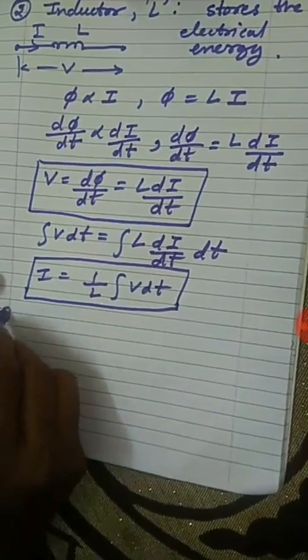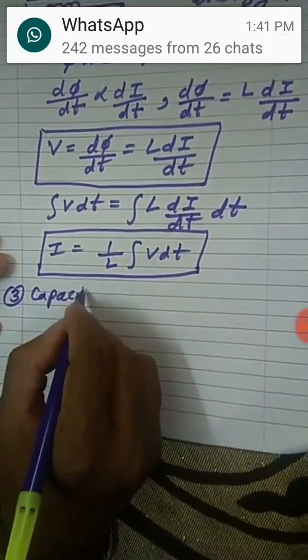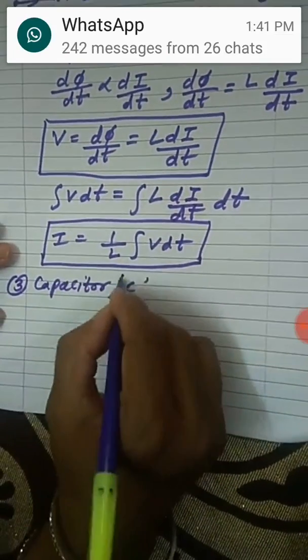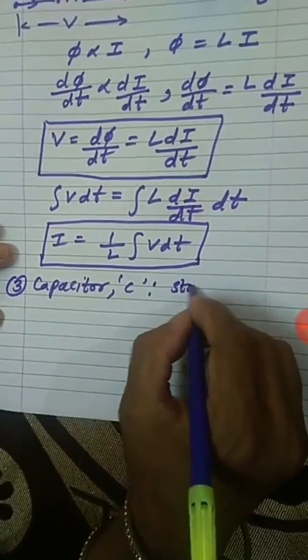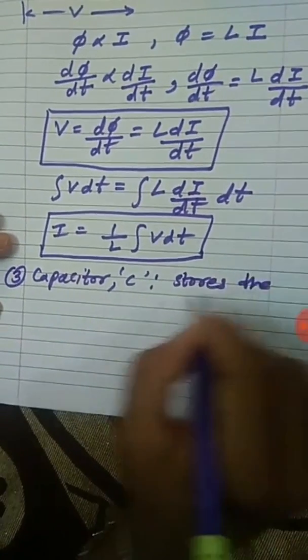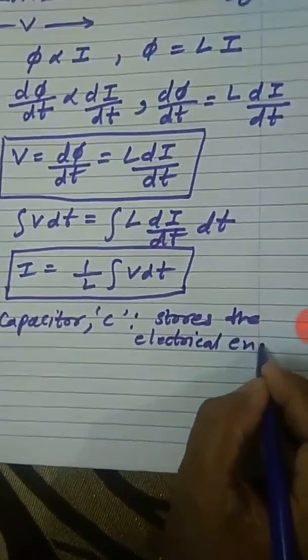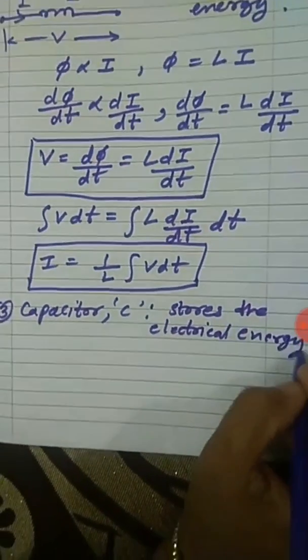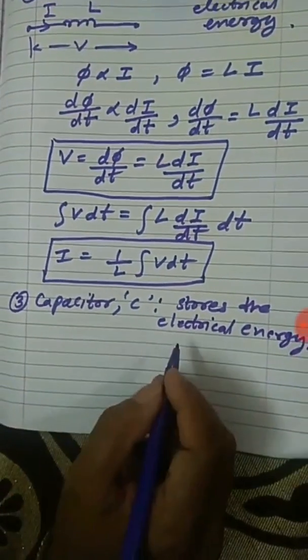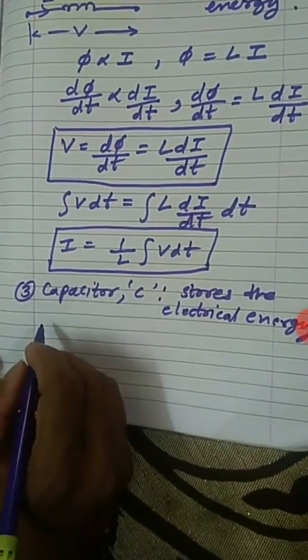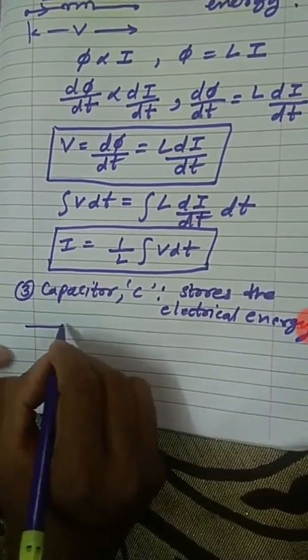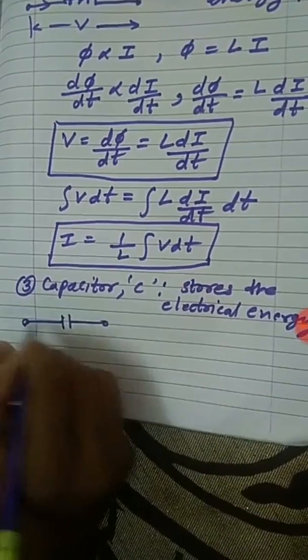Now next is capacitor, denoted by C. This also stores the electrical energy. So the symbol is this.